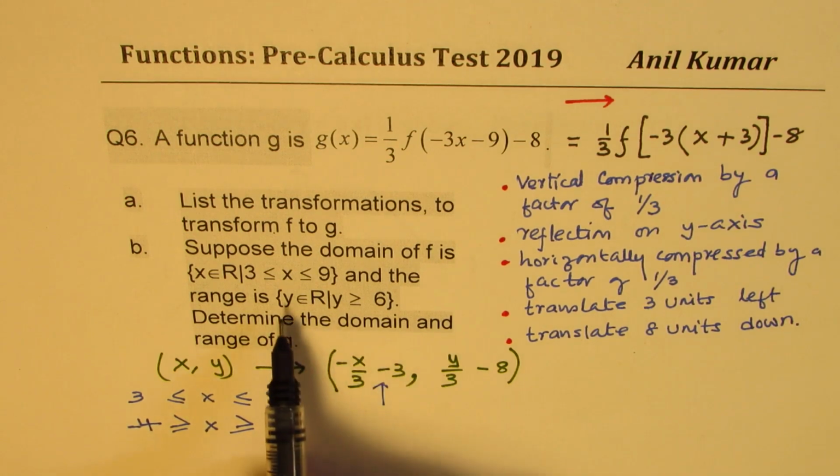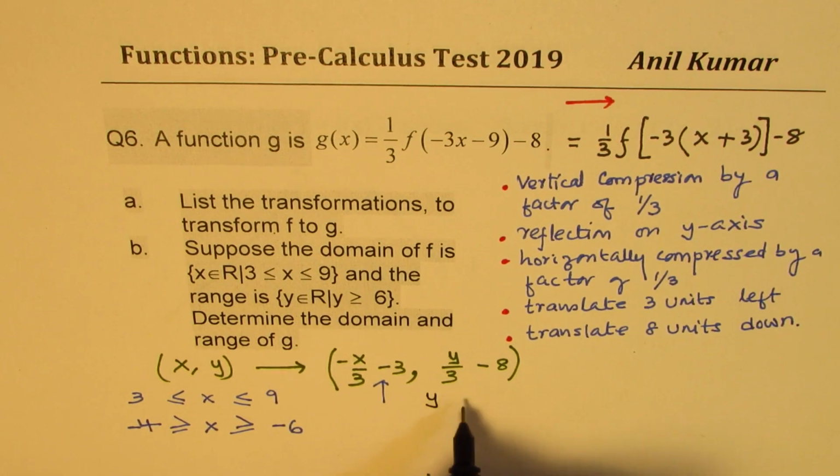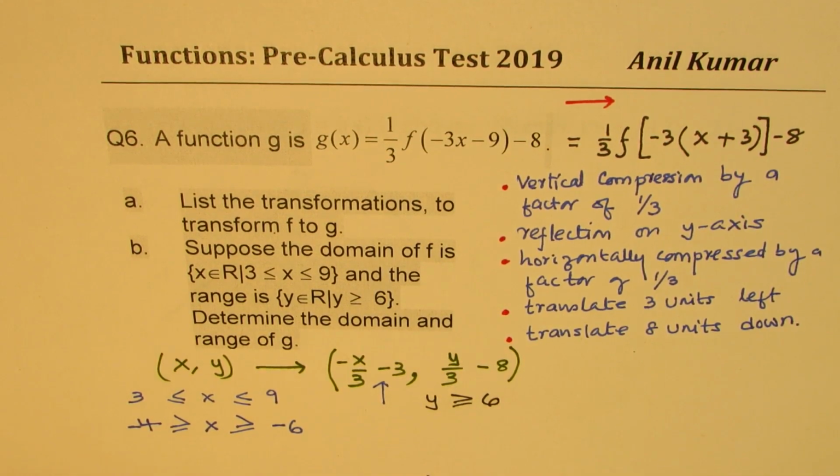Now let's look into the range part. We are saying y is greater than or equal to 6. Now if I do this transformation, I'm dividing by 3, making it 2. So we get y is greater than or equal to 6 divided by 3, which is 2. 2 minus 8 is minus 6. Correct?